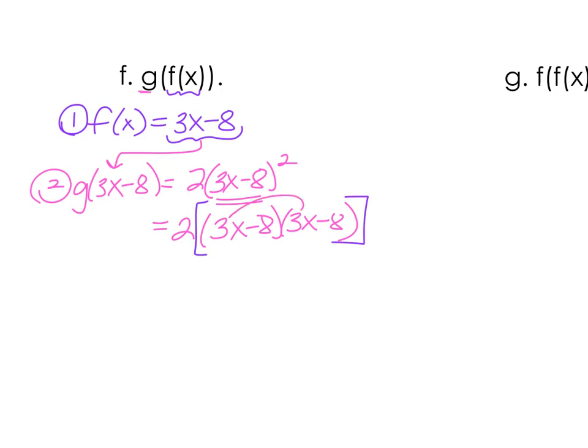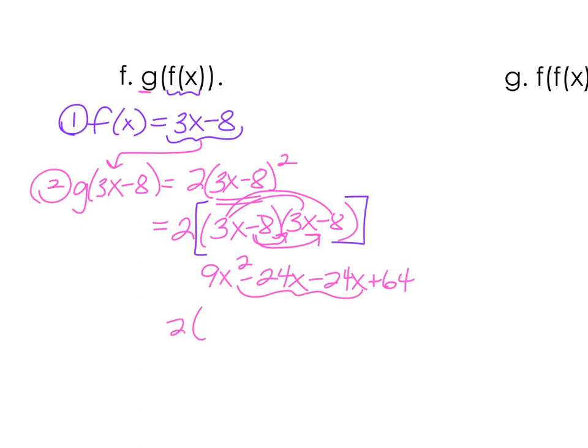3x times 3x becomes 9x squared. 3x times negative 8 is negative 24x. Notice we get another negative 24x for the inside terms, and then negative 8 times negative 8 becomes plus 64. The 2 terms in the middle don't cancel this time. We end up with 2 times (9x squared minus 48x plus 64).